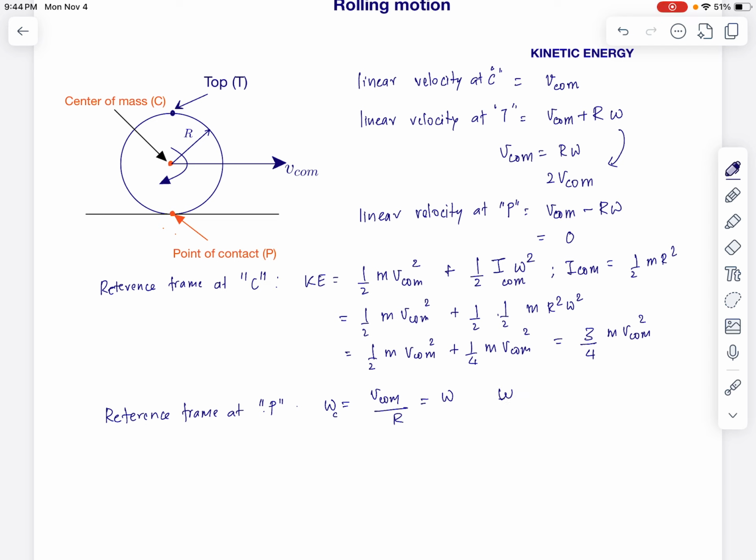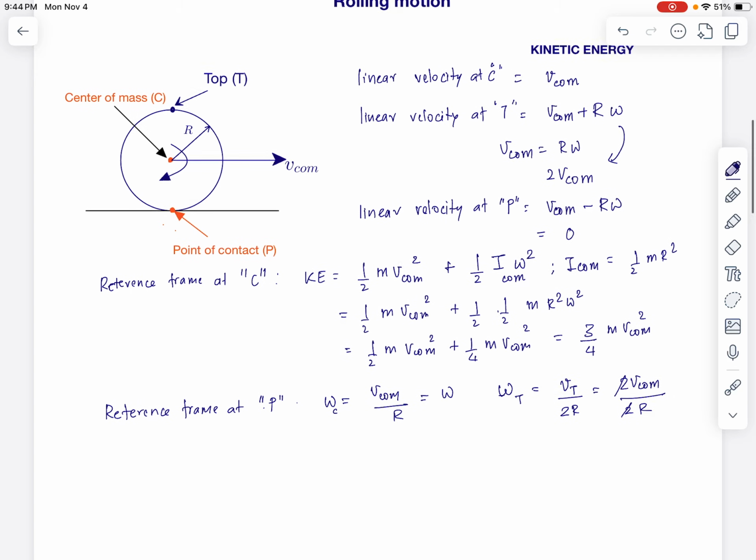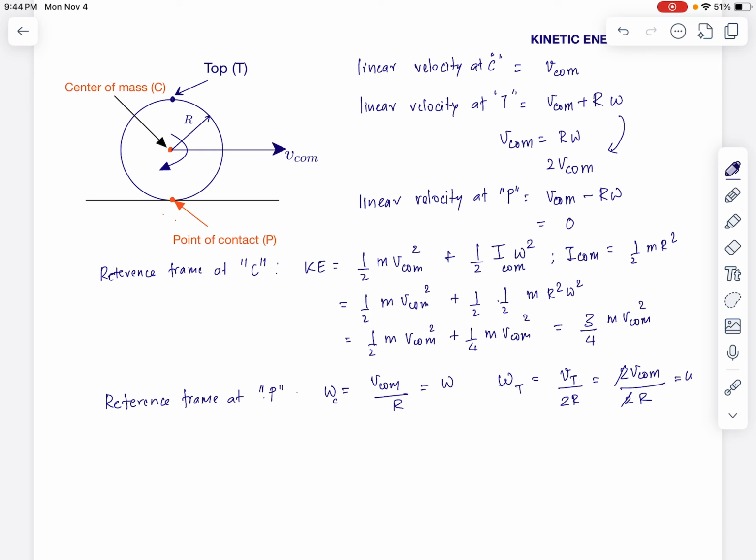If we look at the omega at point T rather, it's the velocity at point T divided by the distance from the axis of rotation, that is 2r. This is 2 times v center of mass divided by 2r. The 2's cancel out and we get back omega, so we see that to be true.